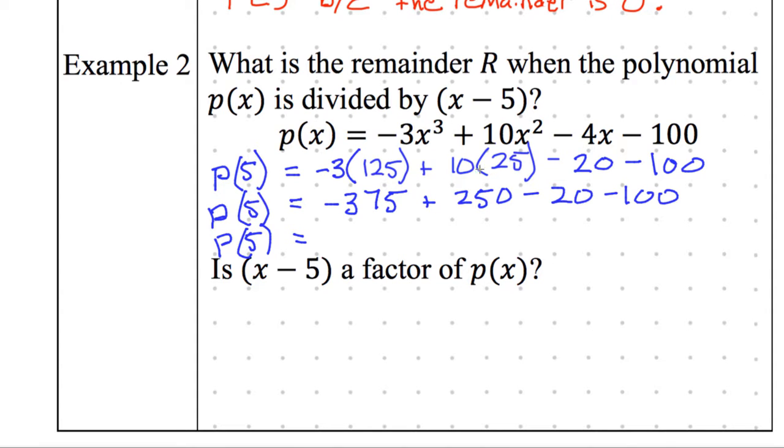So these two combine to become negative 125. Do we agree with that? Yeah. These two combine to become negative 120. Then you add those two. Negative 120, negative 125 is negative 245. Is that what you're getting, Eva?